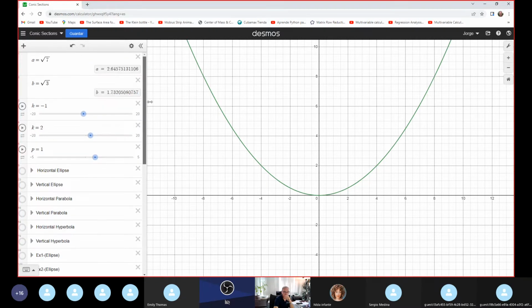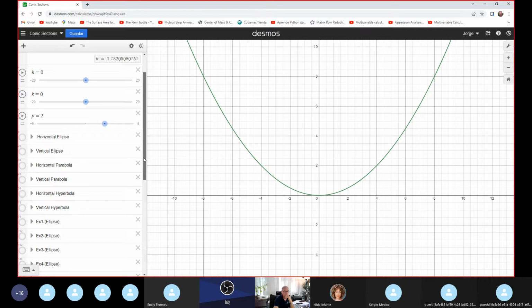I activate it, but in order to find the point, the most important, I don't care about A, B. It's not important. I care only about P, and P is 2. Cool. And what about H and K? Well, H and K are 0 and 0. If it's too complicated, you put it directly here.